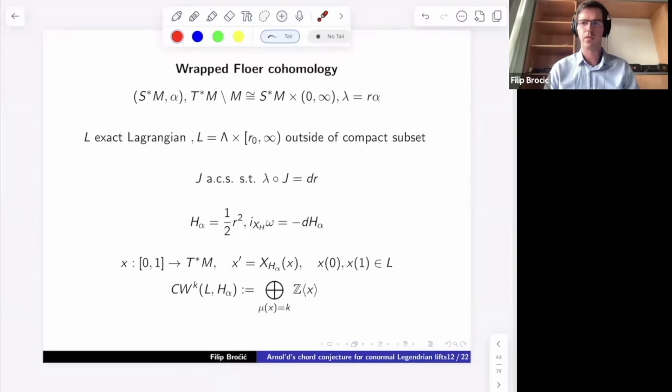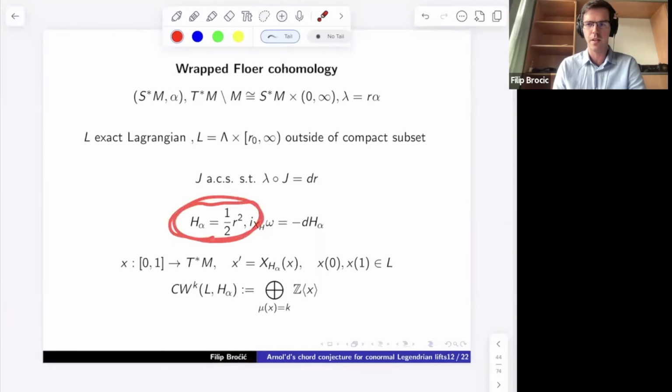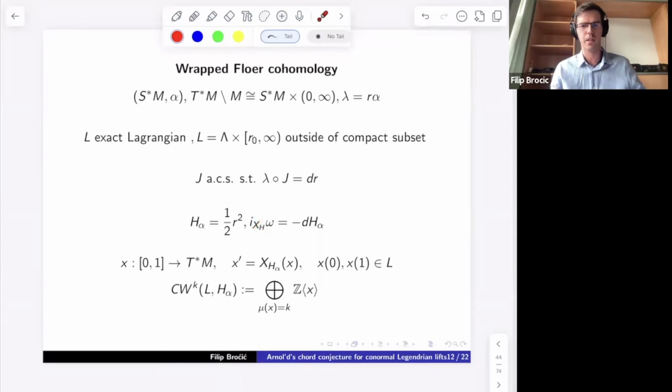Then the wrapped complex at degree k of our Lagrangian L with respect to H_alpha. Also here, I'm not really specifying how I extend my H_alpha in the interior, but I'll omit these details. Given such a Hamiltonian, the Floer chain complex at degree k is generated by all Hamiltonian chords with endpoints on the Lagrangian which have Maslov index k.